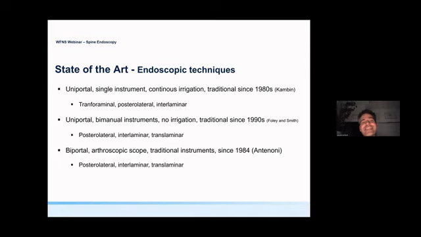The third technique is also old. It was first described in 1984, but nowadays it's popularized widely on the market. It's the unilateral biportal endoscopic surgery, where you can either use a posterolateral, interlaminar, or translaminar approach for your surgery.